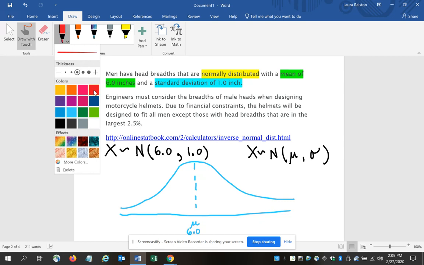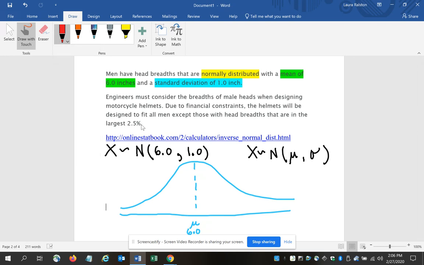And we're talking about designing helmets. And you may say, well, Miss Ralston, how do you know that this is an inverse norm? The biggest clue to me is that here in this last statement, it says that we're going to make helmets for all the men except those with head breadths that are in the largest 2.5%.